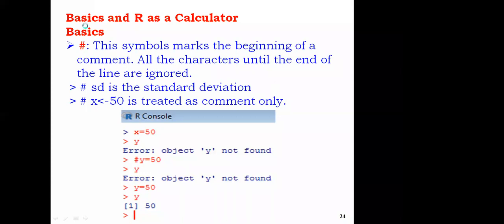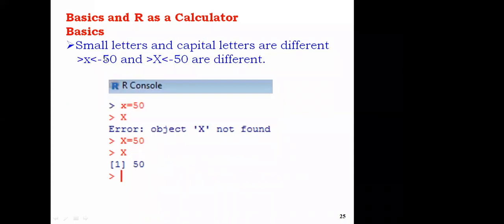Okay. The next thing you see, small letters and capital letters are different. So x <- 50 and X <- 50 are different. That means here I am writing the first x in small letter, and you see the second x variable I have written here is in capital letter.